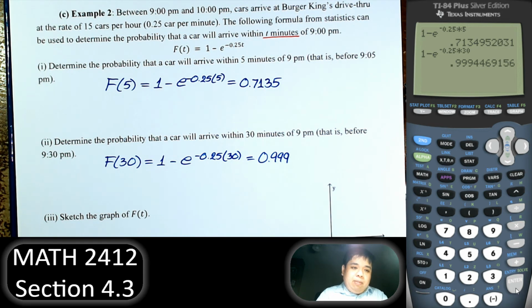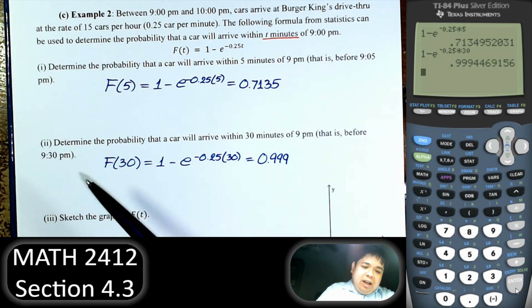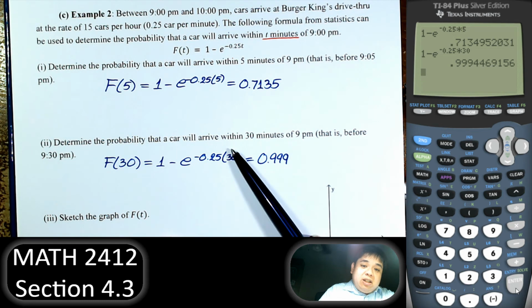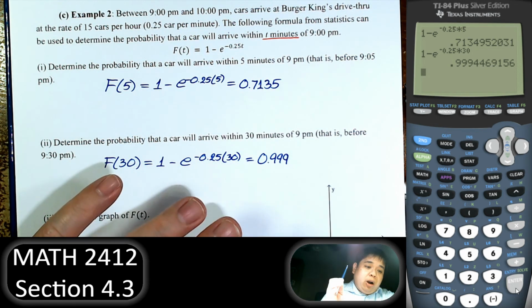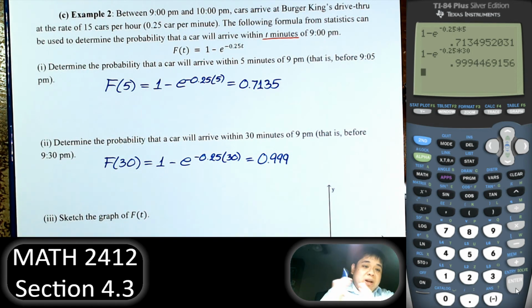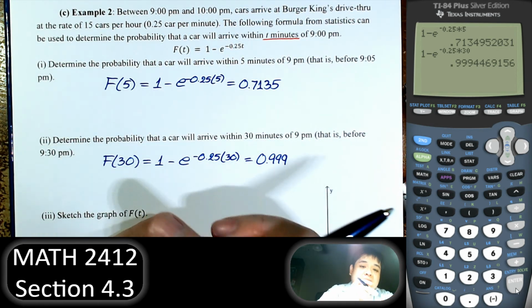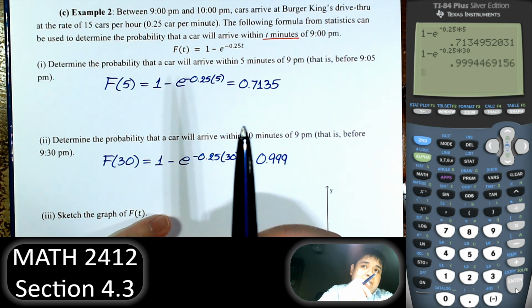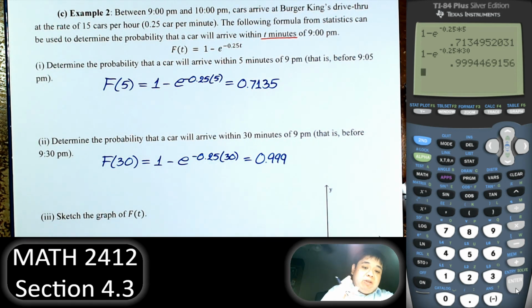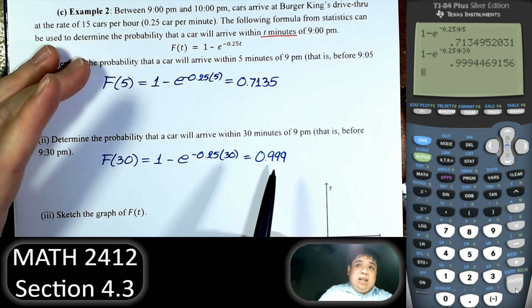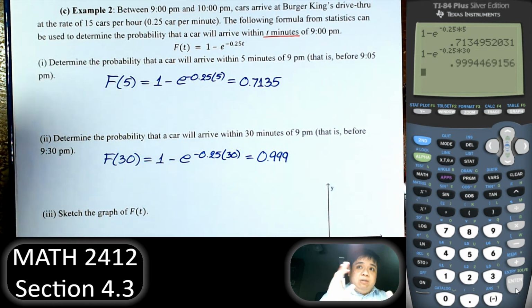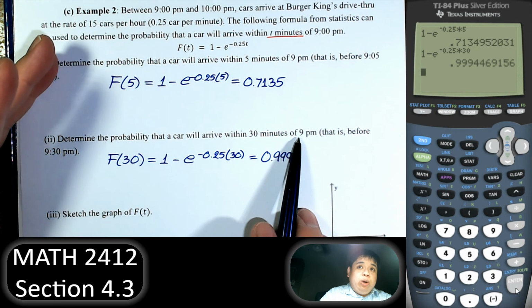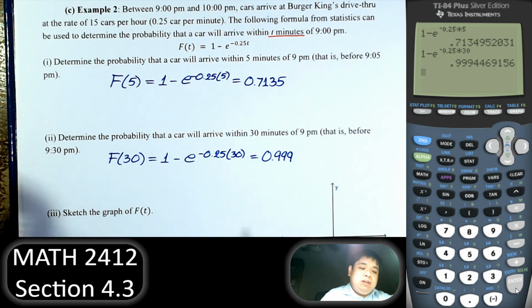And it should be reasonable, because if 15 cars go randomly from 9 to 10, then the probability that one of them will go in the first half an hour is quite high. Because if it doesn't happen, that means in the first 30 minutes none of the cars will go through, and that would be very rare.